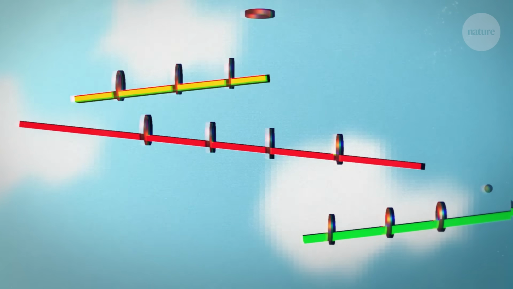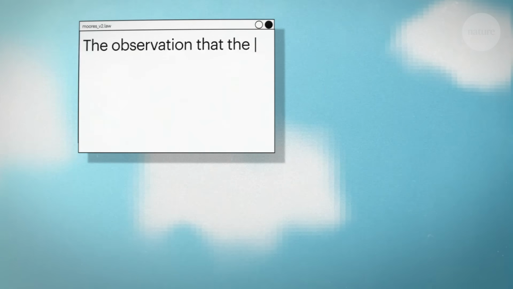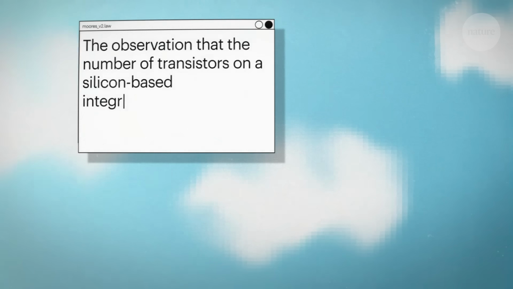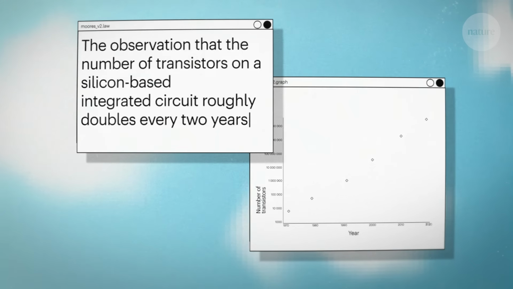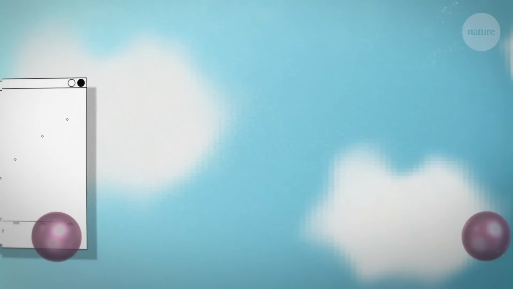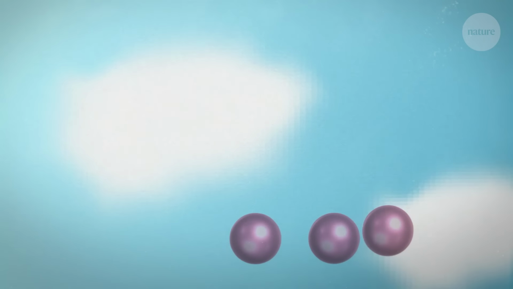And all this makes quantum computers not only incredibly powerful, but also with huge potential to grow. For example, if Moore's law states that computers can double in power and memory every 2 years, for a quantum computer, you could do that by adding just 1 extra qubit.